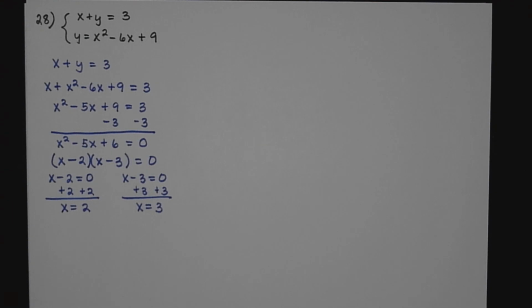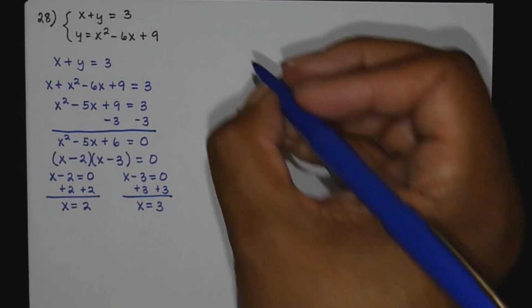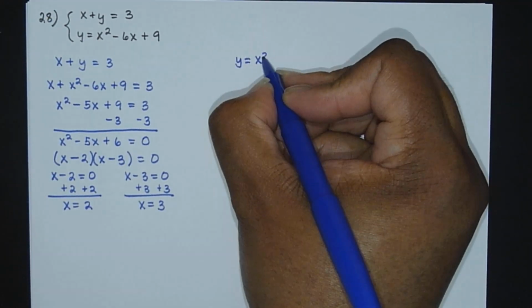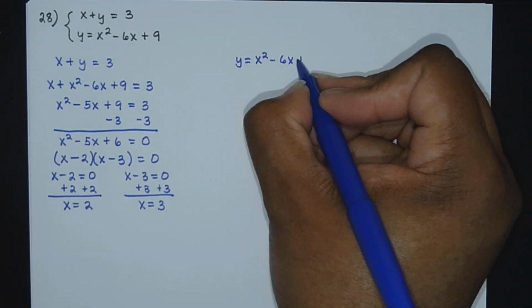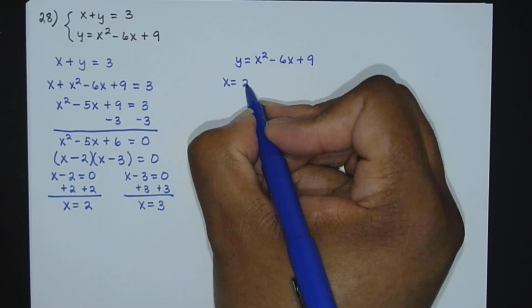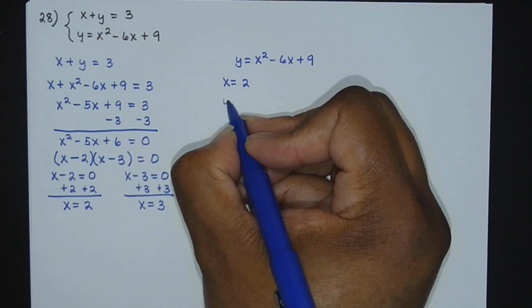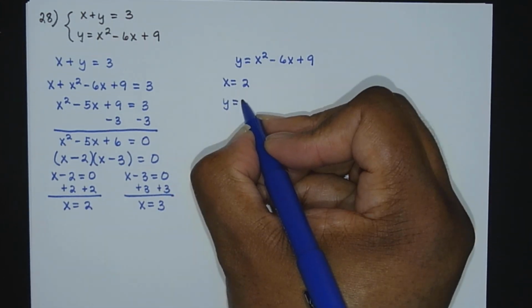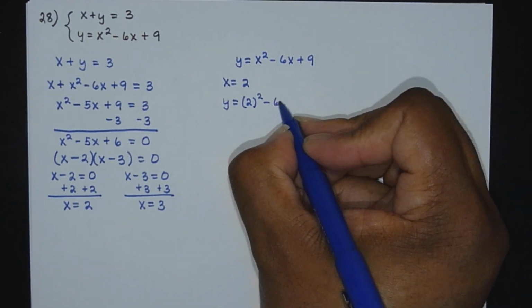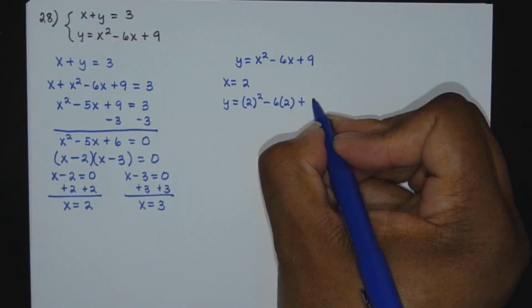Now for each x, I'm going to find out what y is. And I'm going to use the equation y is equal to x squared minus 6x plus 9, since y is equal to something. Now for x equals 2, that means y will have to be equal to, replace the x with 2, so it'll be 2 squared minus 6 times 2 plus 9.